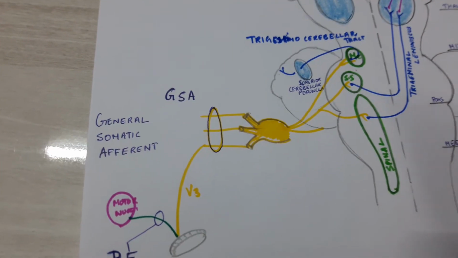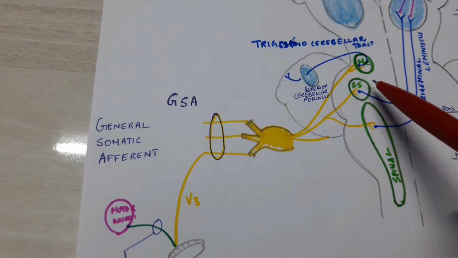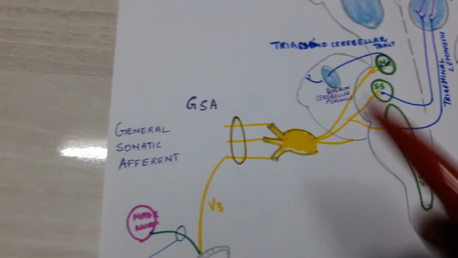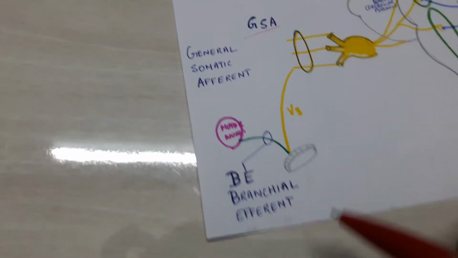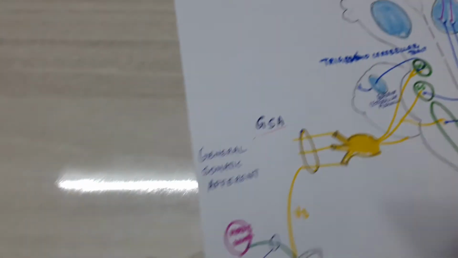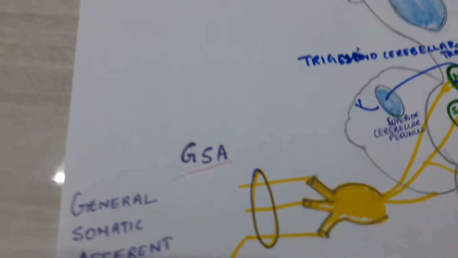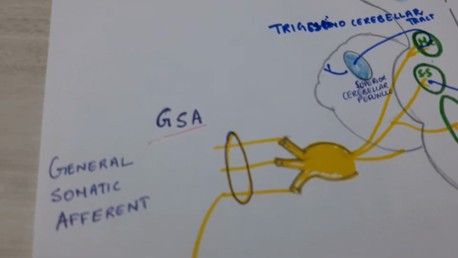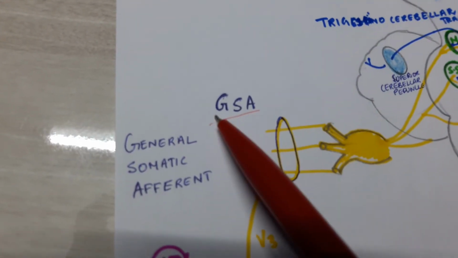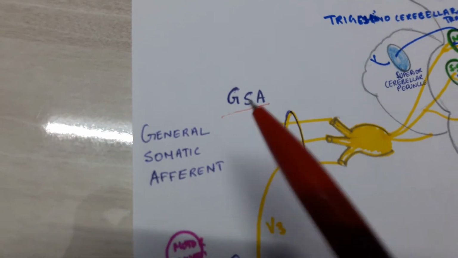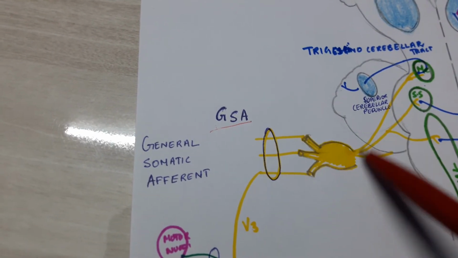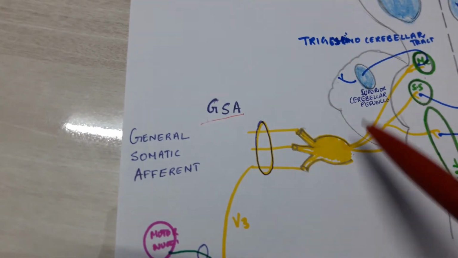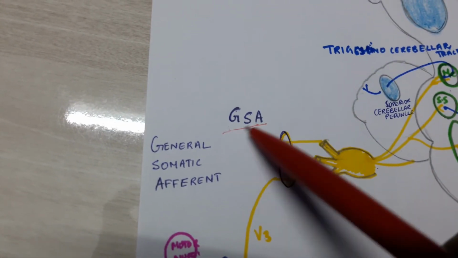Now, what the various nuclei of the trigeminal nerve will be referred to as: you'll be hearing terms like GSA, branchial efferents. Most of you will be taken aback thinking what it is. It's very simple. General somatic afferents. Just split the term. As I told you, all the sensory nuclei are referred to as the GSA.